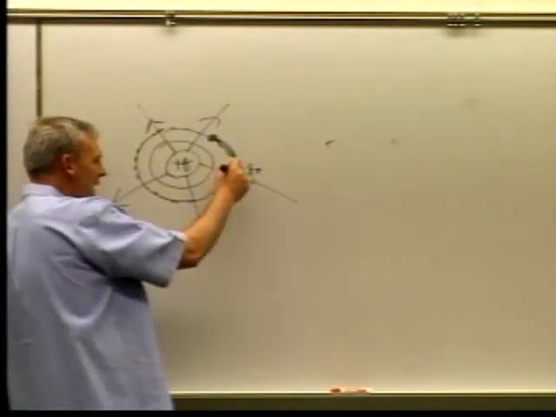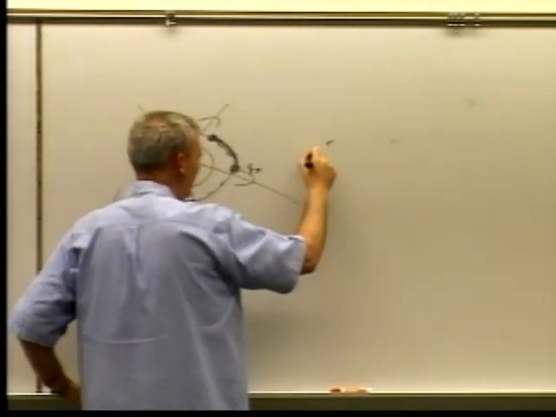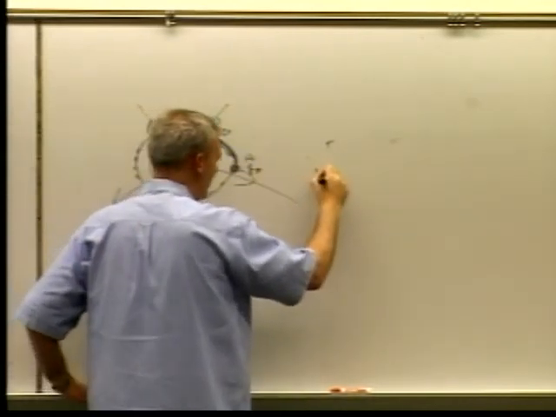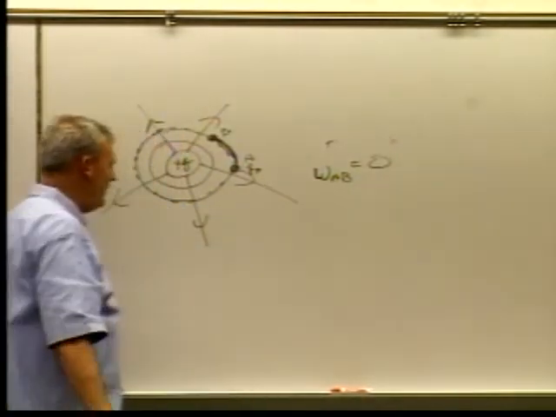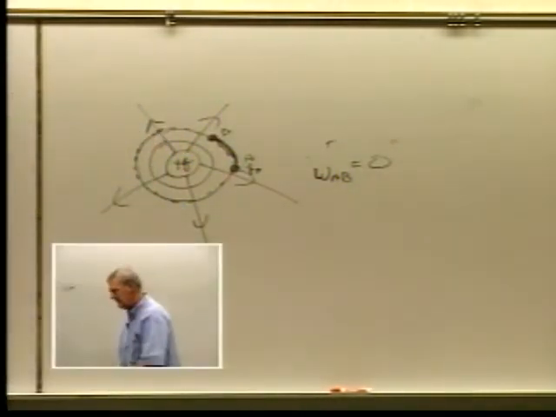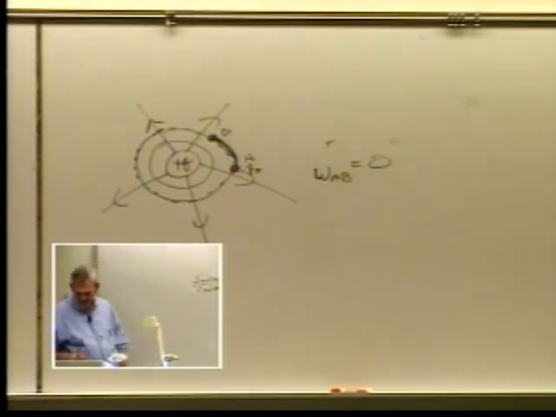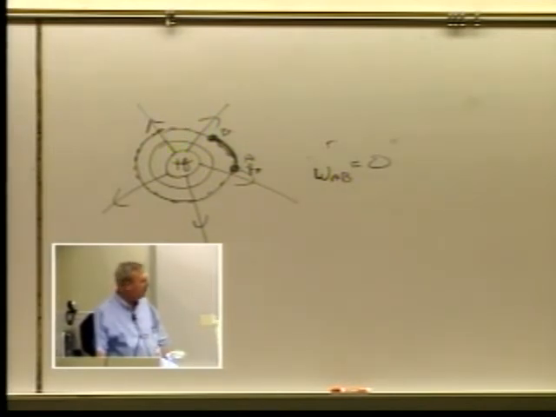But the work done by that electric force to take it from here to here is equal to 0. The work to go from A to B in this case is 0. In other words, the net electrical force does no work as the charge moves on an equal potential surface.